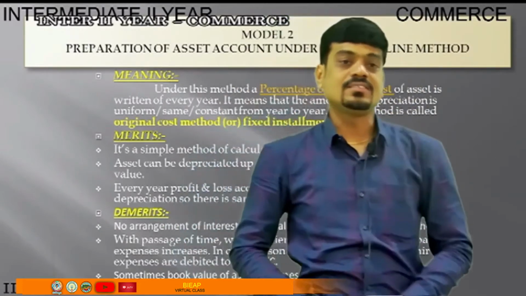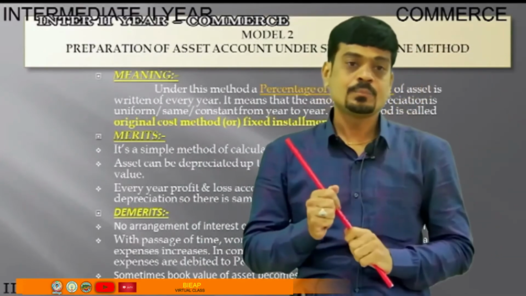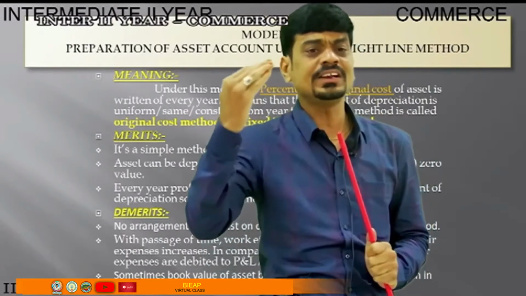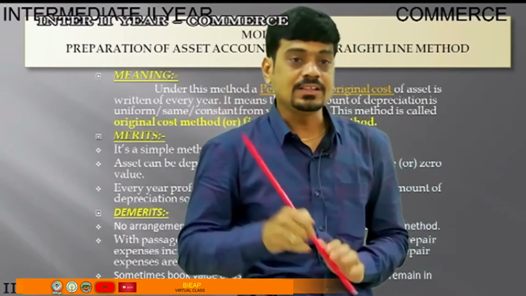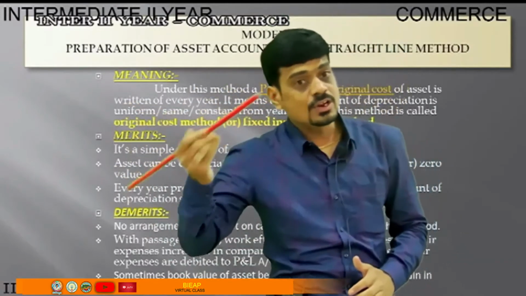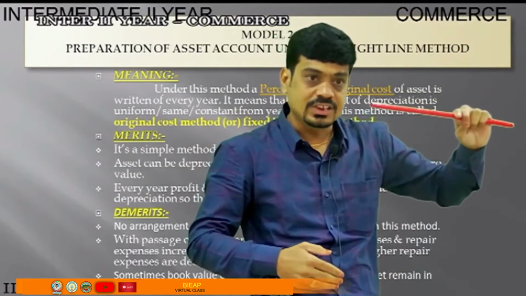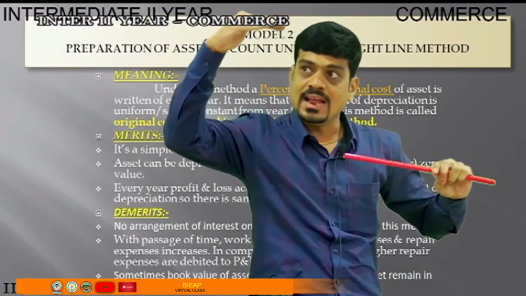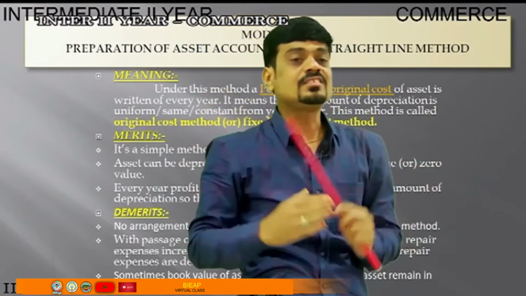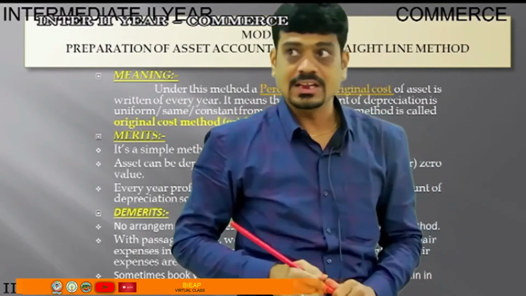Say for example, if I am charging depreciation of 10,000 on an asset of 1 lakh, the written down value of the asset is 90,000. But next year also I am charging 10,000. Next year also 10,000. It means that on one hand the value of asset is decreasing, but on the other hand the amount of depreciation is constant, which seems a little bit illogical, in the sense there is no logic in it.